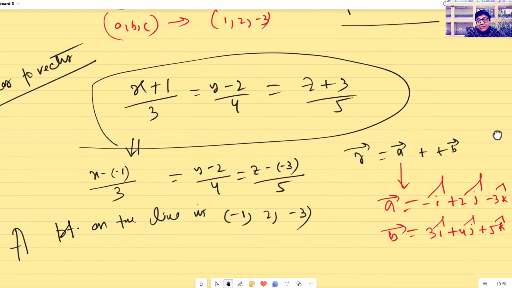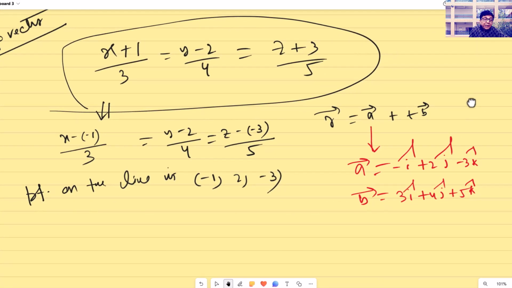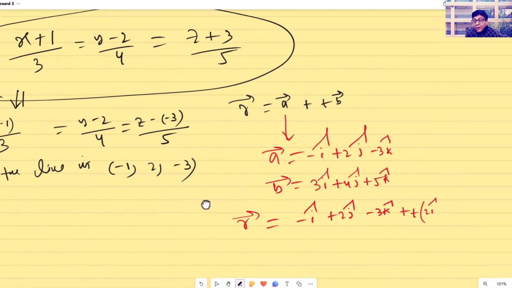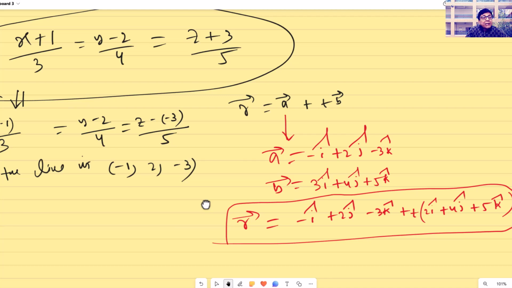So now let us write the equation of the line in vector form. That is r equal to a plus t into b: minus i plus 2j minus 3k plus t into (3i plus 4j plus 5k). Okay? So this I have taken as one numerical example.